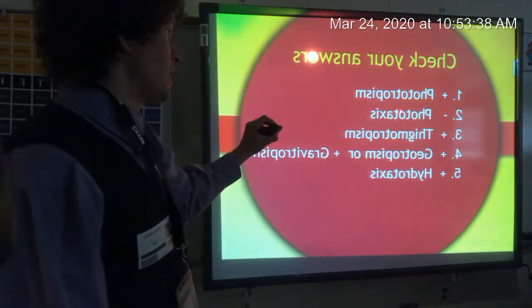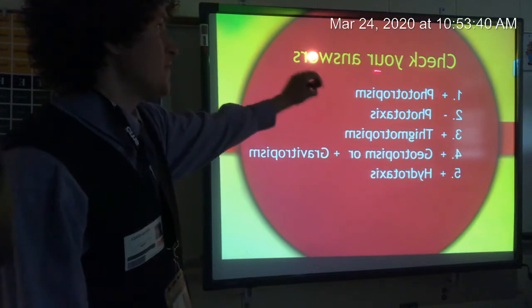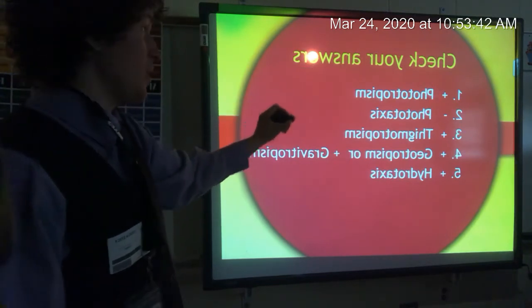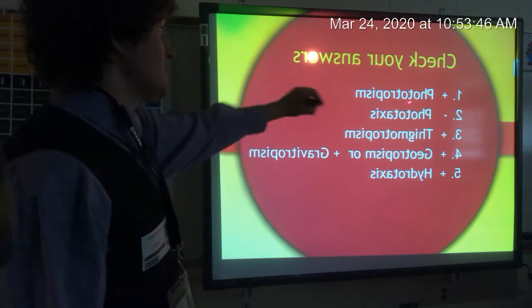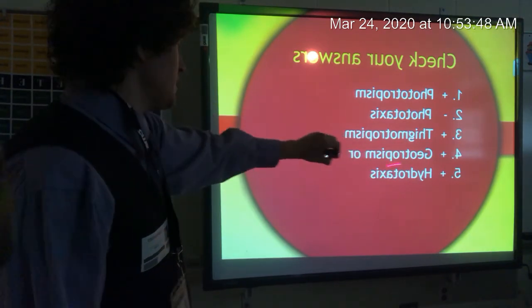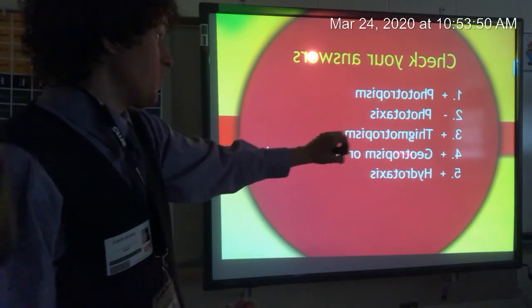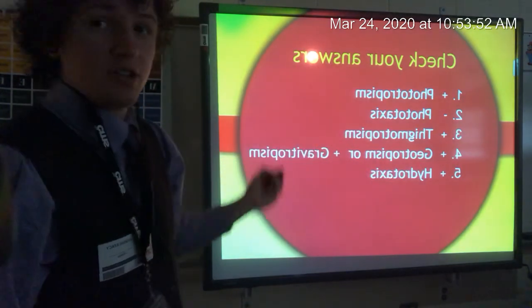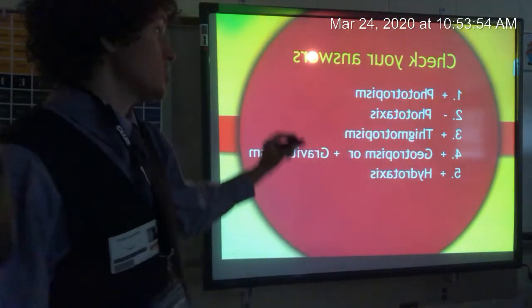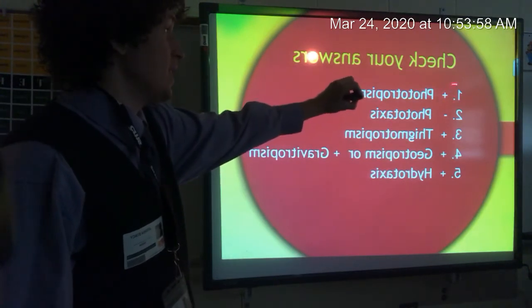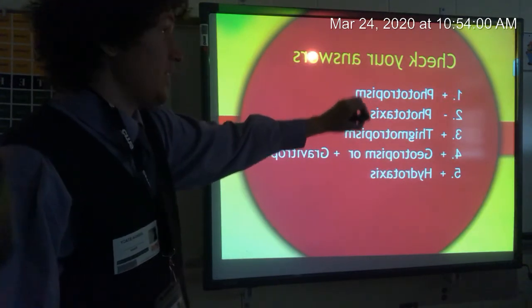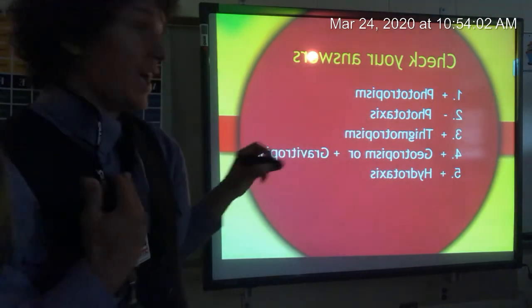So this is the part where you have your different answers, but as you can see, some of them actually have multiple answer choices. So you could be right no matter which one you choose. The first one, you have phototropism, that's towards, because it has a plus. Minus, that's away.